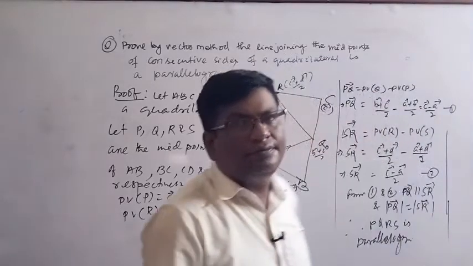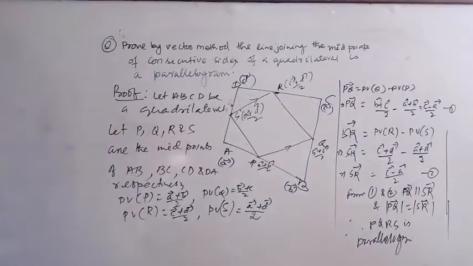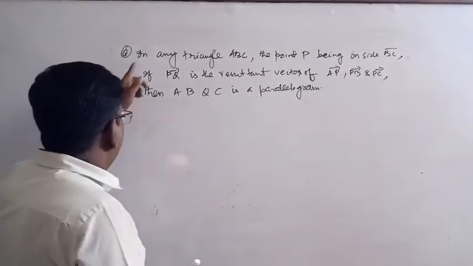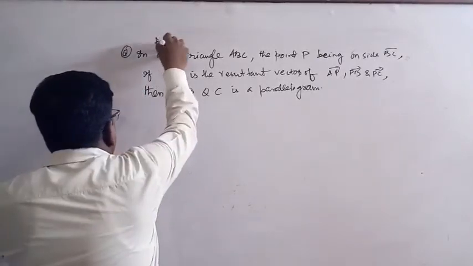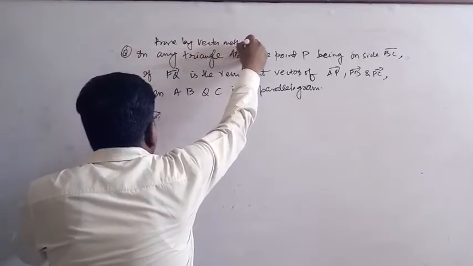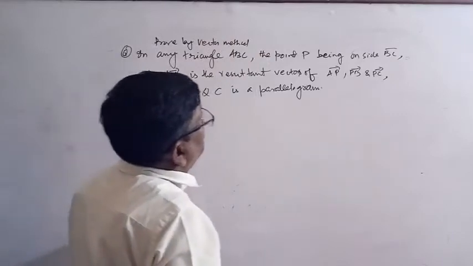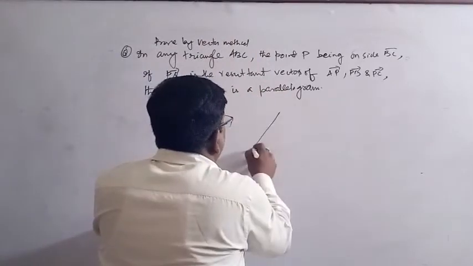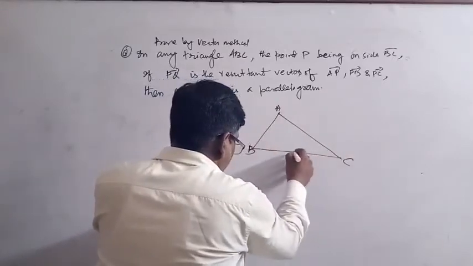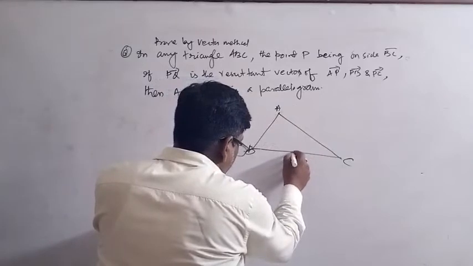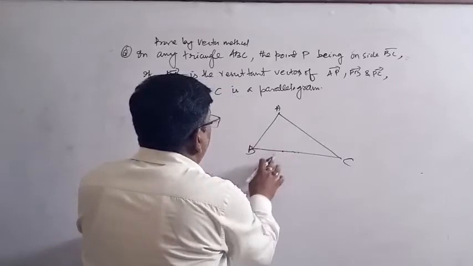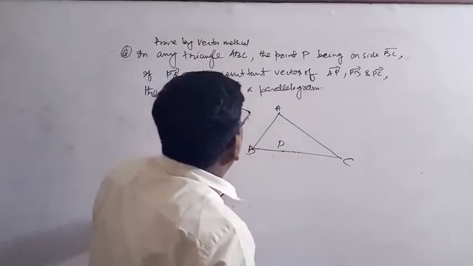Now another question. Prove by vector method. In any triangle ABC, with point P on the side BC, suppose this is the triangle ABC and point P lies here.